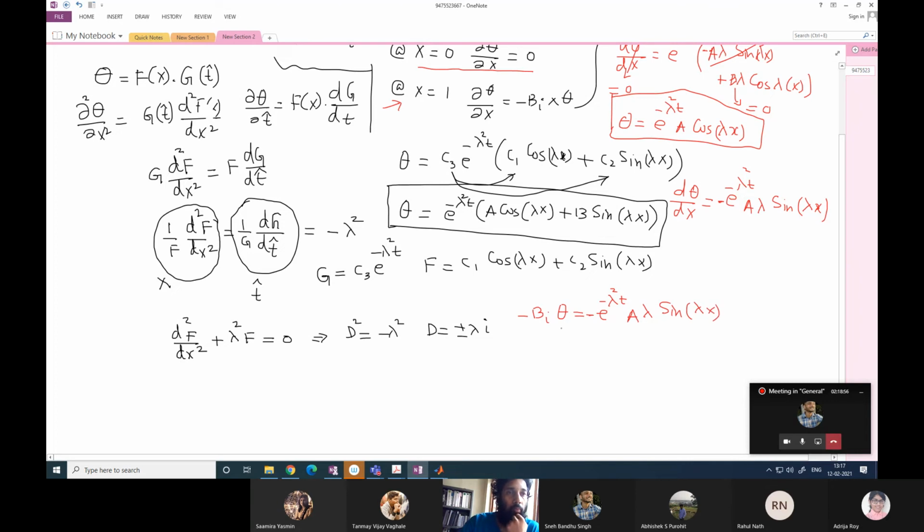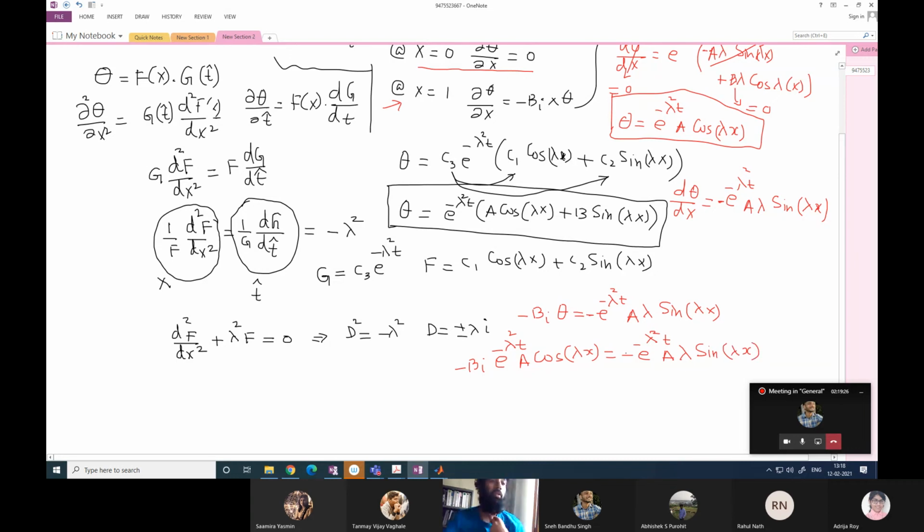Now let me also replace theta here, minus Biot number times theta is e to the power minus lambda square t A cos lambda x equals to minus e to the power minus lambda square t A lambda sin lambda x.